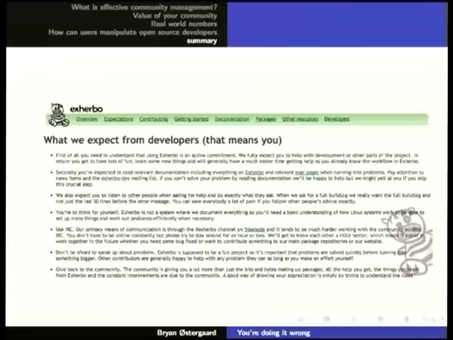And finally, this is a page from our website. A lot of people didn't really understand what we expected from them, and what the project expects from new people, from users, from community members, is just as important as describing the other way around. So I simply wrote a page about this, saying, hey, this is what we expect from you.